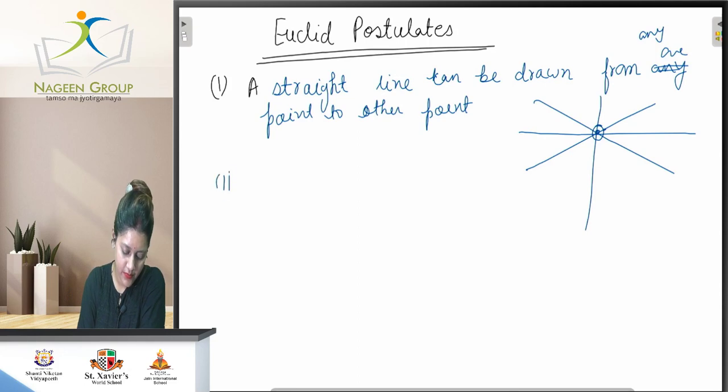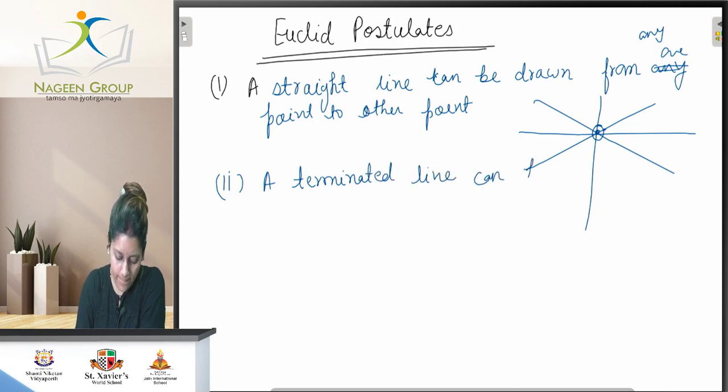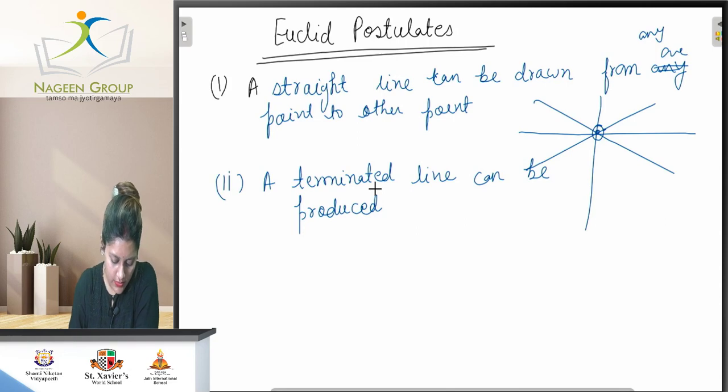Second one: a terminated line can be produced indefinitely.